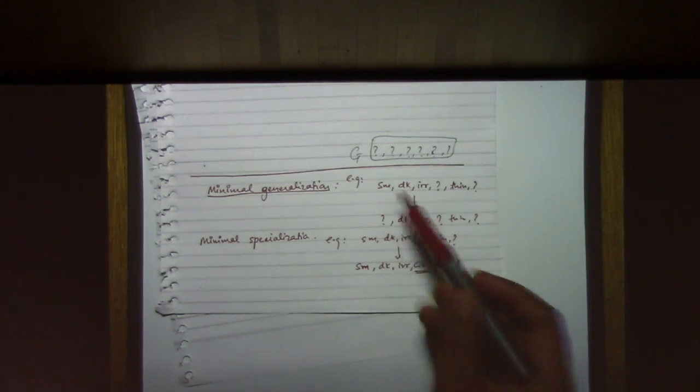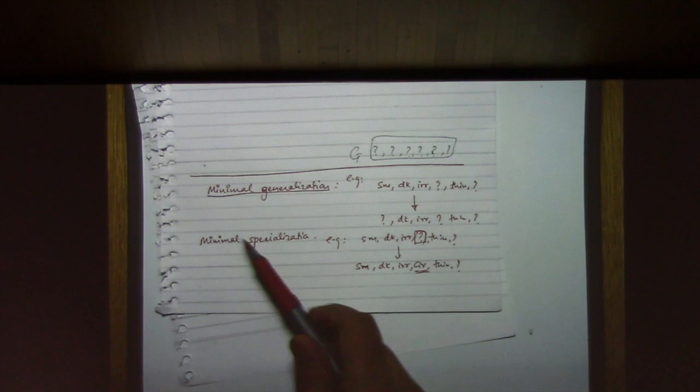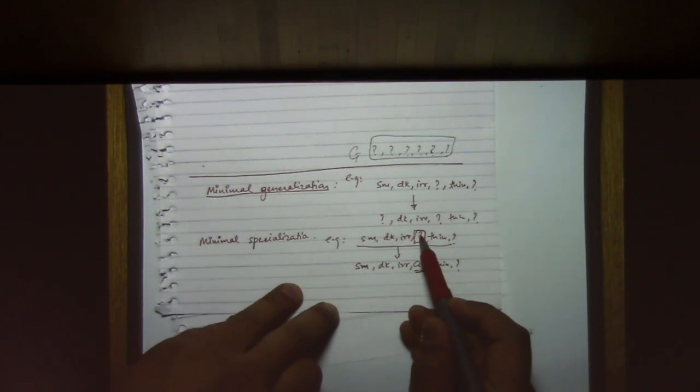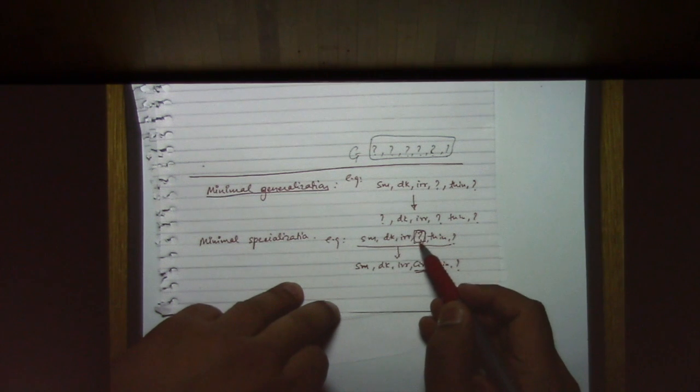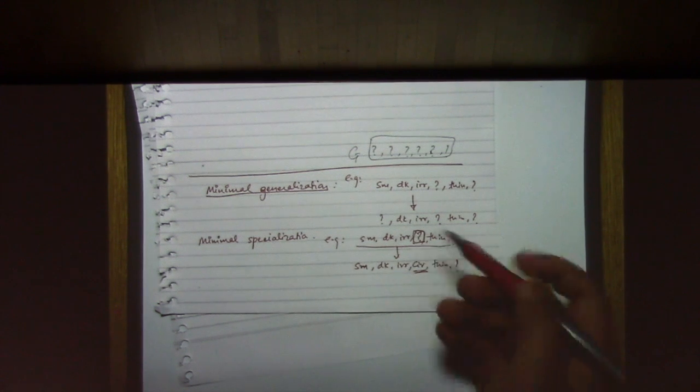So one of the literals which is present, which is not a question mark, you can replace with a question mark and only do one at a time, because that's the minimal part. But if you have to do specialization, you have to be a little more careful. To specialize this, if you replace it with the actual values, you have to consider all possibilities, however many it takes. So if it's binary, it will result in 2 minimal specializations. If it takes 3 values, then there will be 3, and so on, right? So that's one note of caution when you're running this through a given data set.